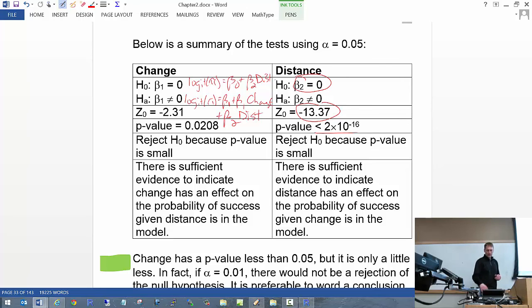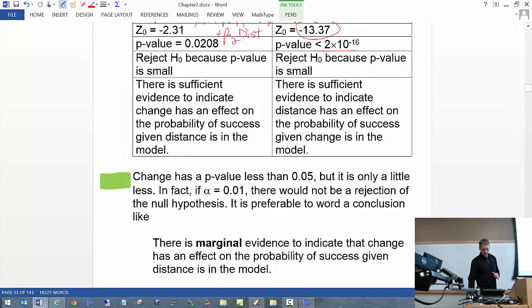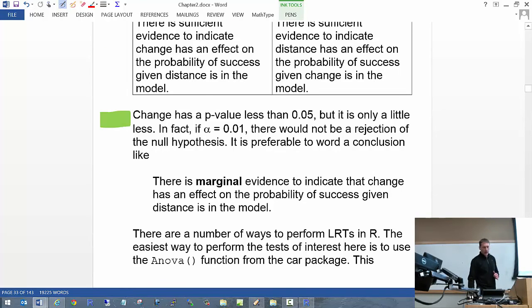So that's a Wald test. Now, without looking ahead at the notes, what do you think the likelihood ratio test is going to conclude? Do you think it will conclude something similar to what the Wald test did? I'm getting some no's, maybe some yeses. The answer is yes.